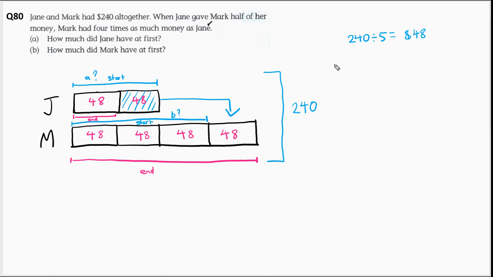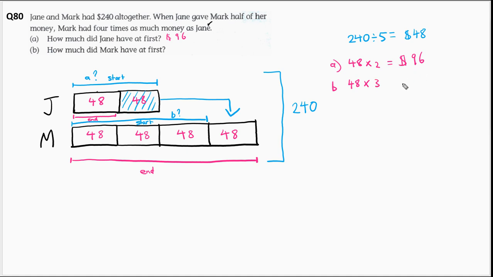So let's look at our question. To do question A, we do 48 times 2, which gives us 96. So $96 is how much Jane had at first. And how much did Mark have at first? Well, that was the end. At the start, he had these 3 here. So for question B, we do 48 times 3.